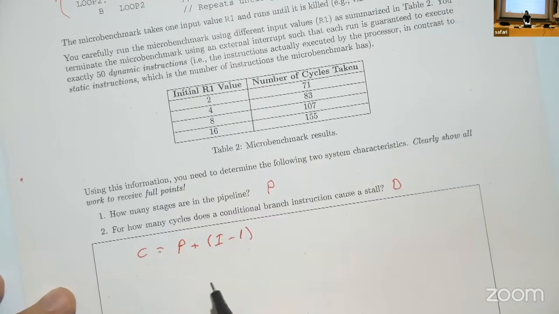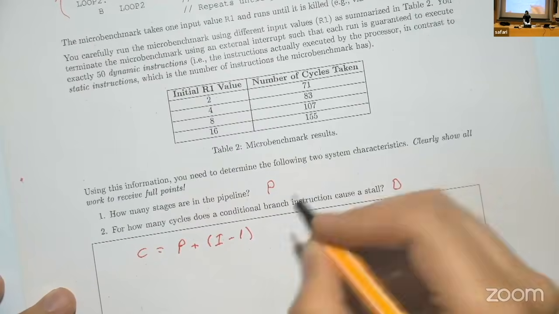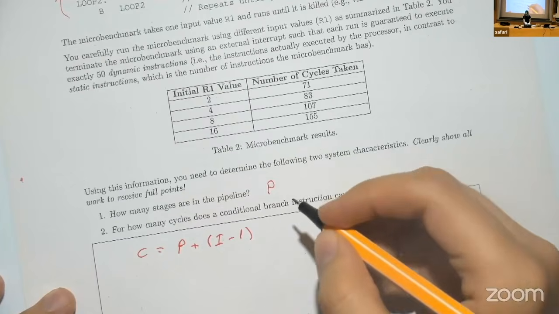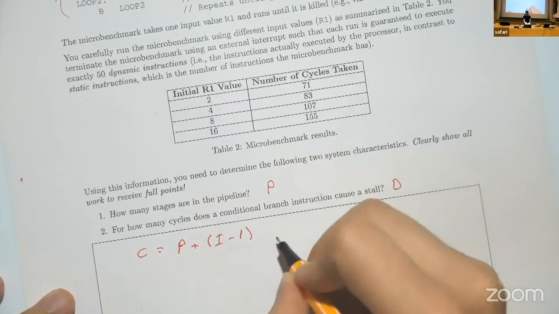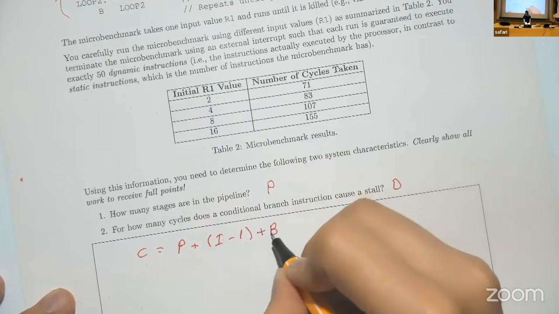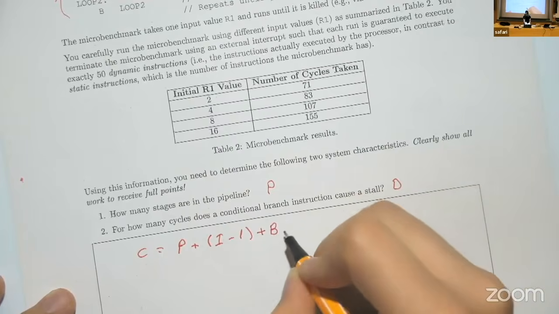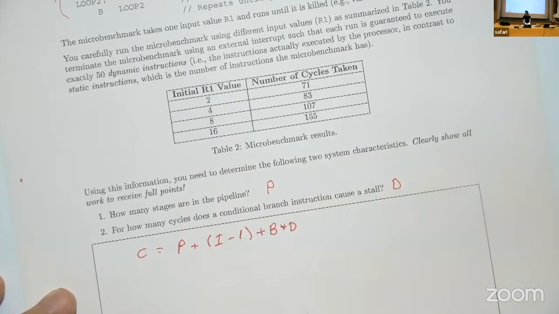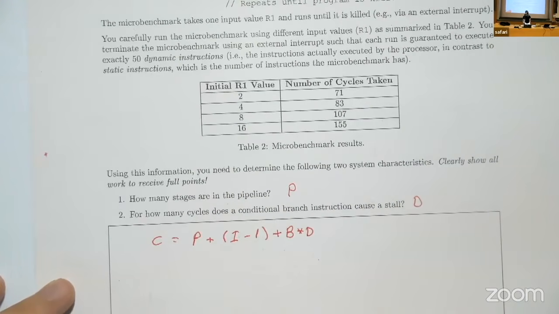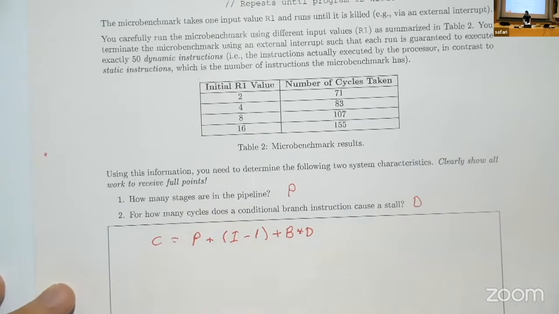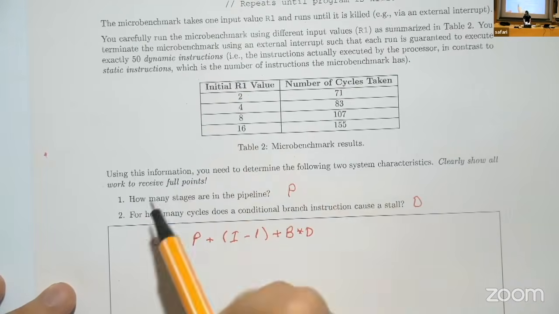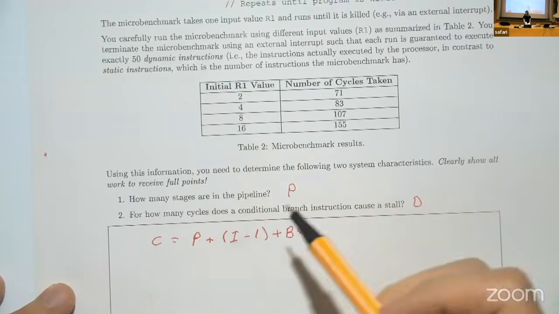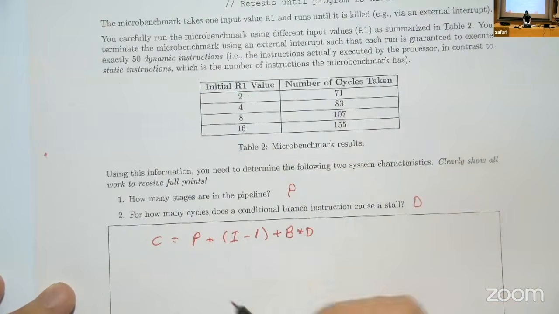So this is the number of cycles that we would get if we didn't have any stalls. Let's say that we have B as the number of conditional branches. Each time we see a conditional branch, we will be stalled by D. So that's the final formula for the number of cycles. When we check this table, we can put some numbers in place.